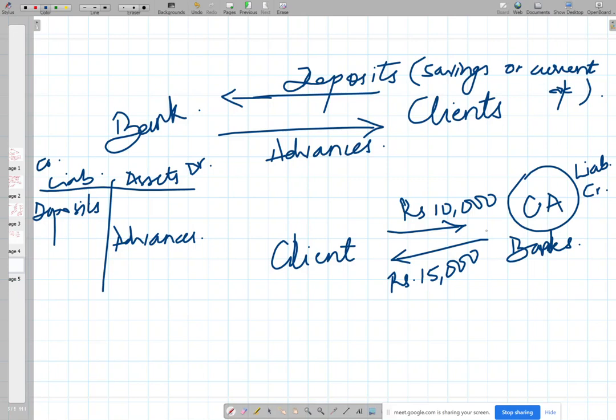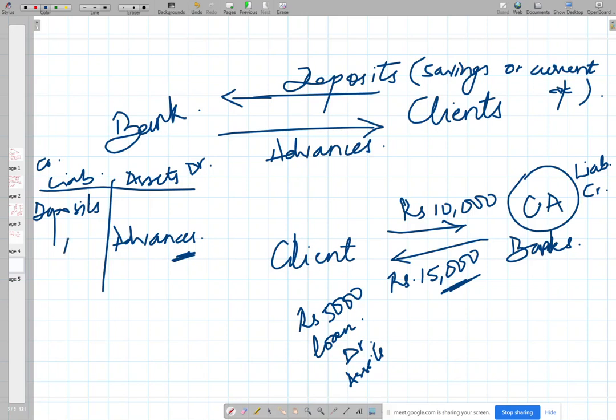So, what happens in that case? This balance 5,000 that you have taken becomes a type of a loan that the bank has given you, and when banks give you loans, those loans become a debit balance, they become an asset or advance for the bank. Have you followed?